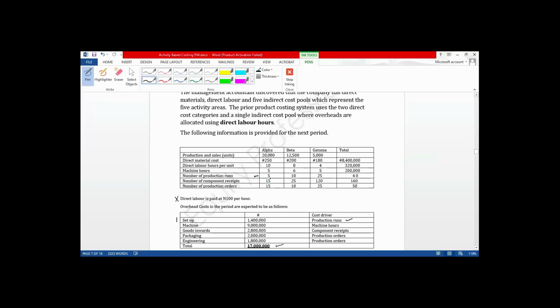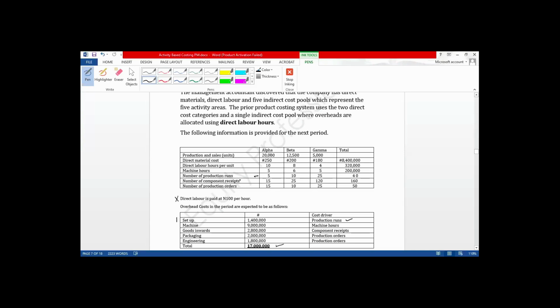For alpha, 5 production runs. For beta, 10 production runs. For gamma, 25 production runs. Total is 40: 10 plus 5 plus 10 is 15, 15 plus 25 is 40.